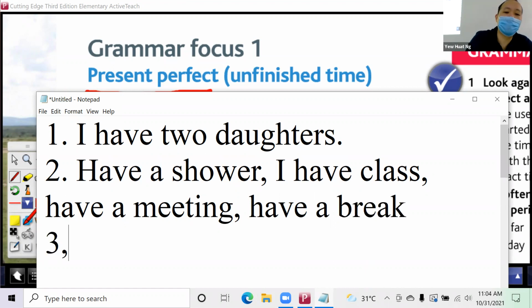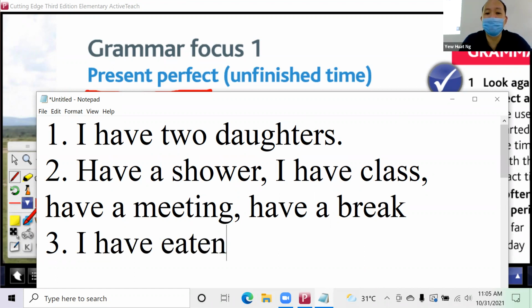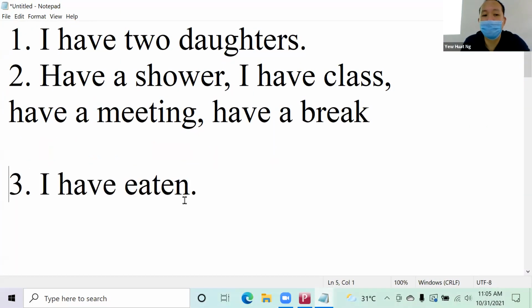The third meaning is the one we are looking at now. We are talking about present perfect. I have eaten. This have, I can also understand it like this. I ate already.